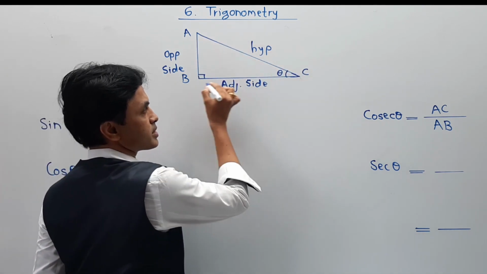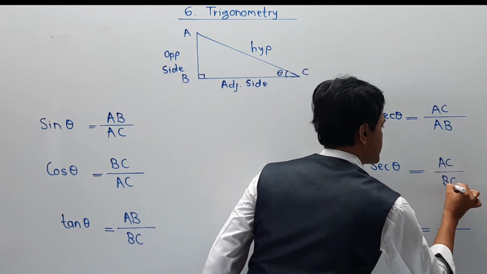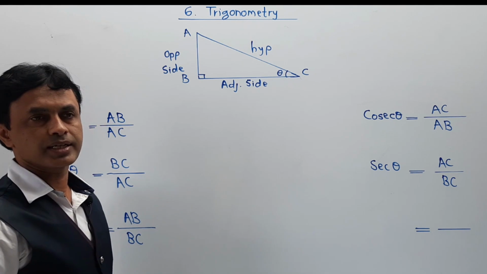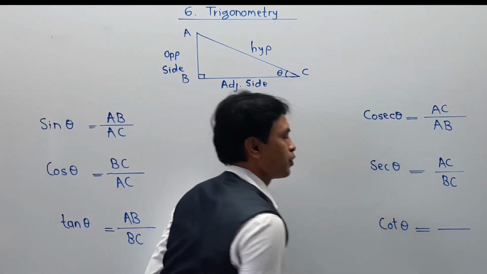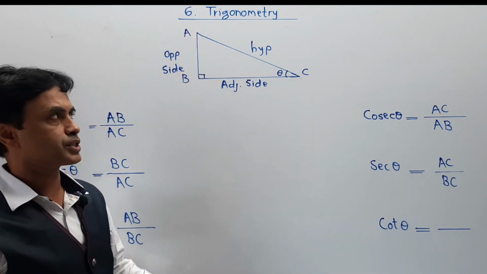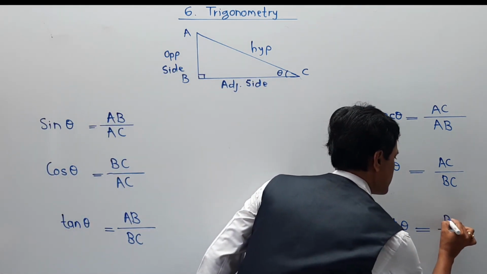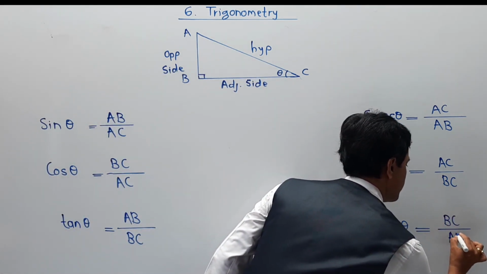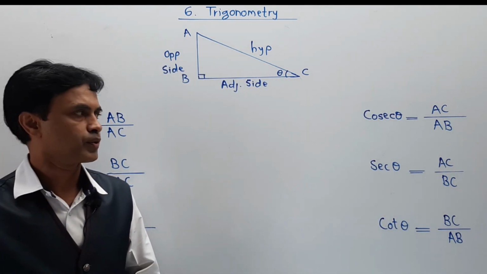So it becomes AC upon BC. And last part, that is nothing but cot theta. The formula for cot theta is nothing but adjacent side upon opposite side, means BC upon AB. These are nothing but the 6 fundamental formulae over here.